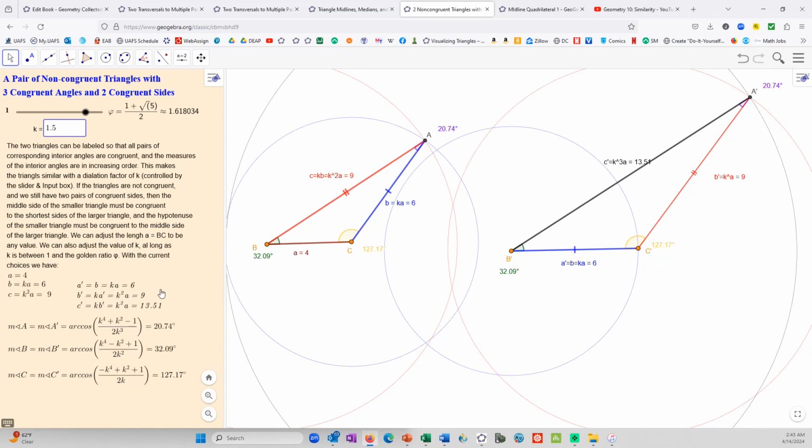Okay. And then I'm not sure why it's saying 0.51. It should be just exactly 13.5 if that's exactly 1.5.